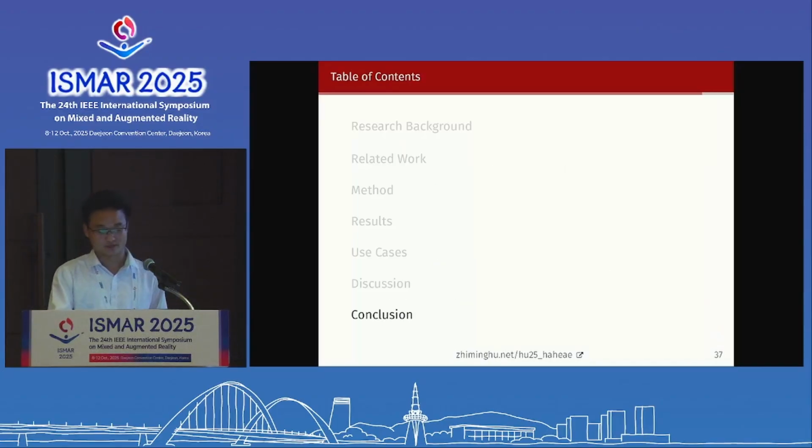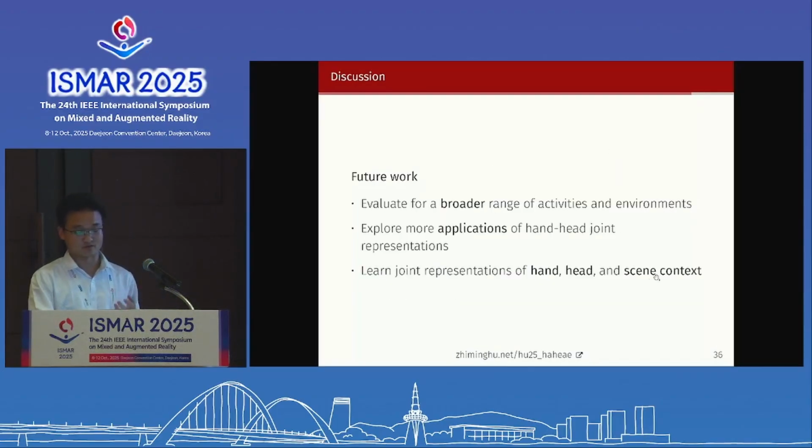As we mentioned, we do not use the scene context information currently, because our goal is to reconstruct hand-head behaviors, so we only use hand-head as input. But of course, if we have the scene context, maybe we have a chance to improve the performance of the hand-head behavior modeling. That's also a direction for our future work.